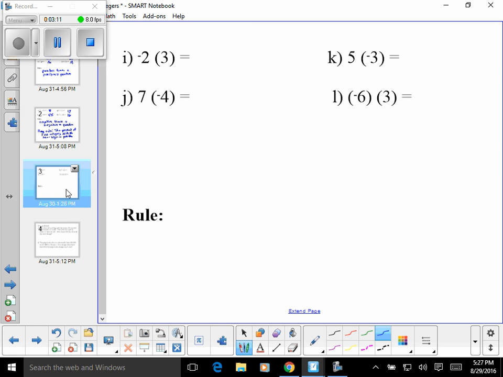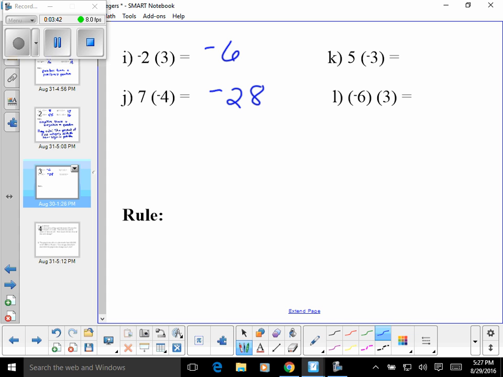What happens if we have integers that do not have the same signs? What if we take a negative integer times a positive integer, or a positive integer times a negative integer? In example I, negative 2 times 3 is negative 6. In J, 7 times negative 4 is going to be negative 28.